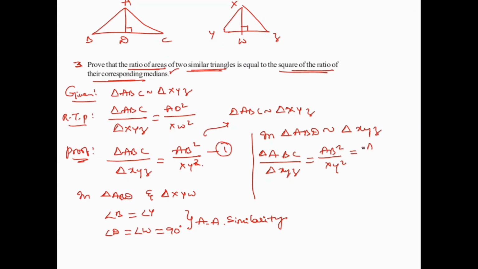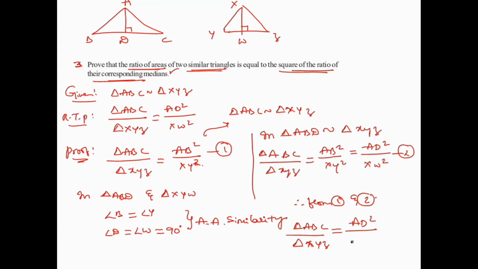This is also equivalent to AD square by XW square. This is your equation number 2. Okay, so from 1 and 2, what can be deduced? I can directly write area of triangle ABC by area of triangle XYZ is equivalent to the square of their altitudes. This is what is required to prove, right?